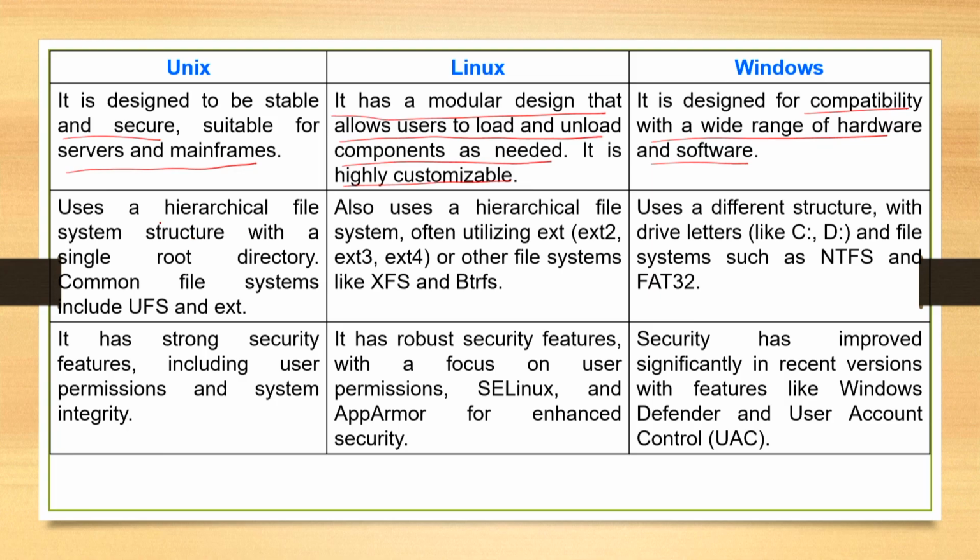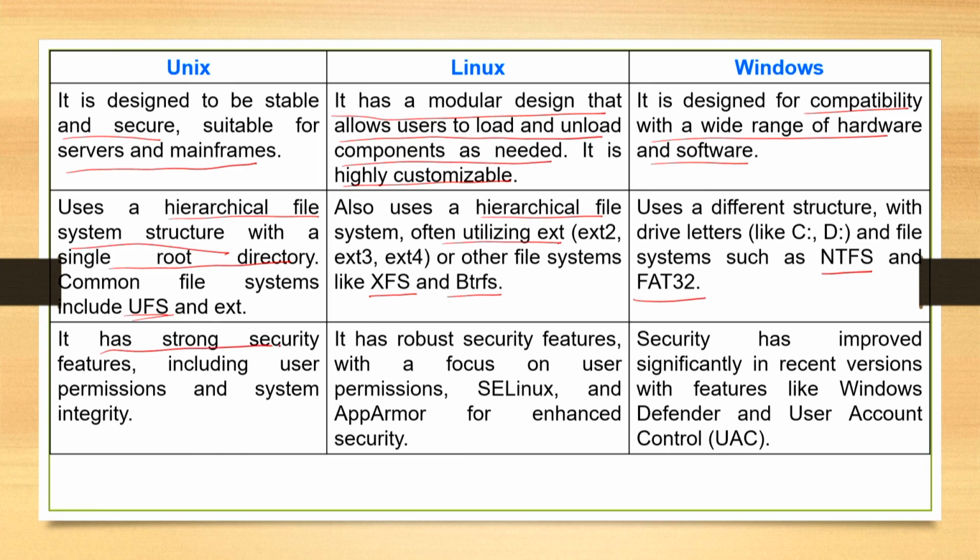Unix has a hierarchical file system structure with a single root directory that we call the UFS file system. Linux uses a hierarchical file system often utilizing ext, XFS and BTRFS file systems, whereas Windows uses FAT32 and NTFS file systems.